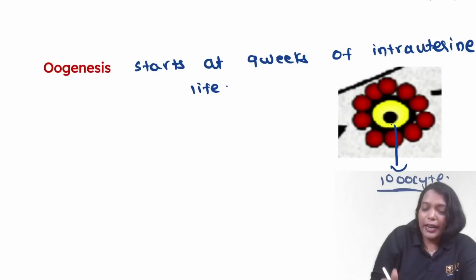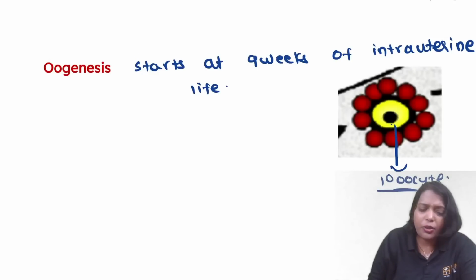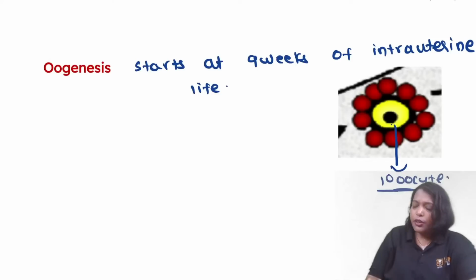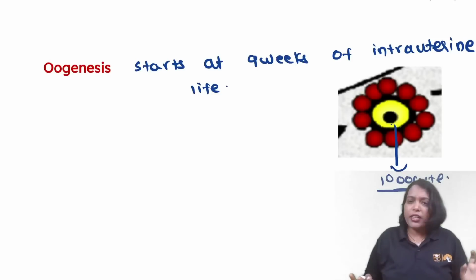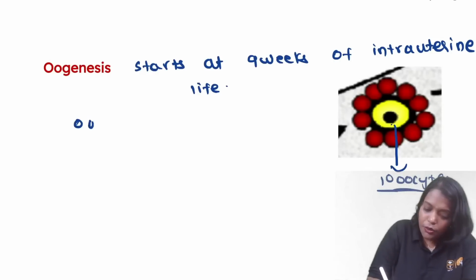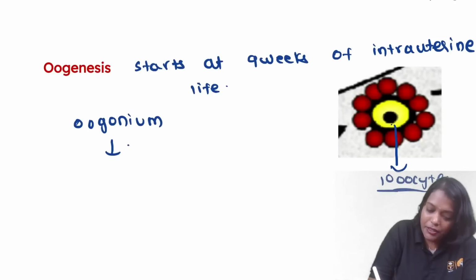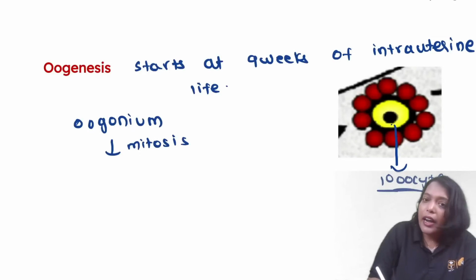Okay, right. Now, do you want the woman to start having the ability to reproduce as soon as she is born? It is starting at 9 weeks of intrauterine life. So it means she'll have the ability to reproduce as soon as she is born. So do you want it to happen? First the oogonium will undergo mitosis. Here also the same 3 steps. And it forms the primary oocyte.